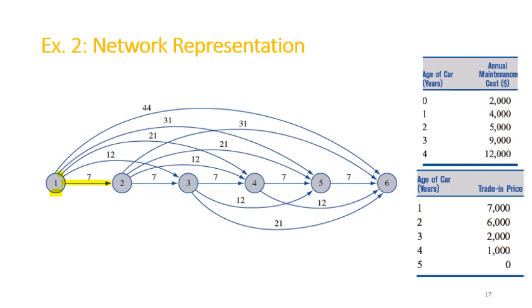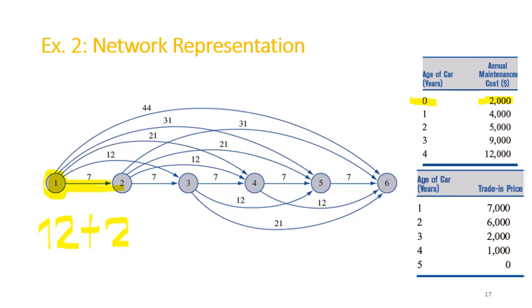So buying a new car at the beginning of year 1 costs you 12,000. And then at the beginning of year 1, the age of your car is 0. So the maintenance cost for this year is 2,000. So for this year from 1 to 2, the cost is 2,000.